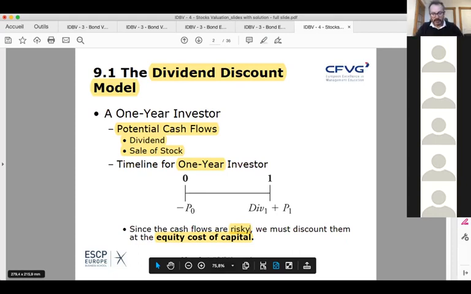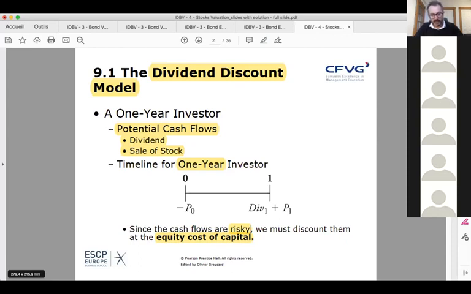So globally, please let me share with you that the equity cost of capital is usually higher than the cost of debt, like the yield to maturity, for example. Later on, you will learn this RE, which is the cost of equity, also the return on equity, but market value, not accounting value.